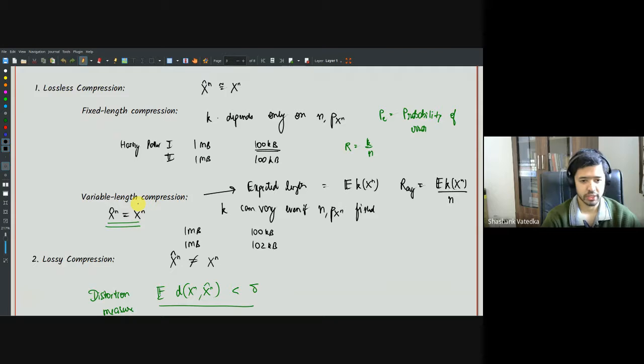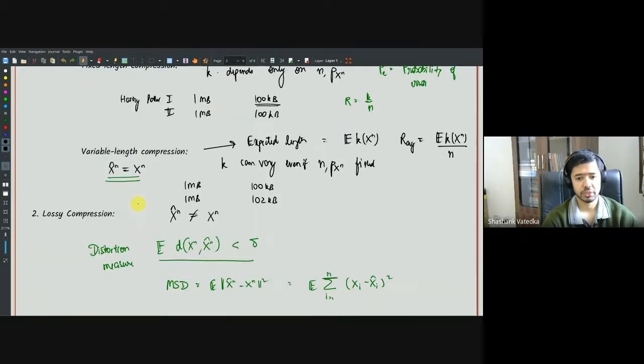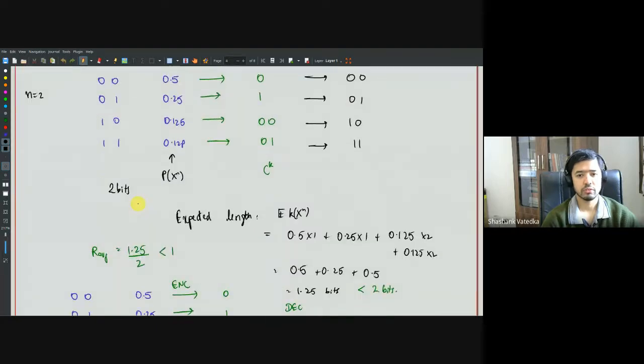So we saw a couple of examples of fixed length and variable length lossless compression algorithms. For lossless compression algorithms, if it's a variable length scheme, then obviously the length changes depending on the source sequence, and we measure the performance of such an algorithm using the expected length.